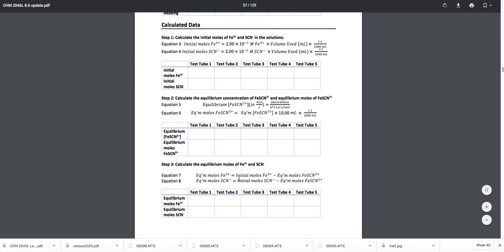And you can see that to get the equilibrium moles of Fe3+, we actually subtract out the equilibrium moles of FeSCN2+, which we get by doing the same thing as we did up here. And you'll do the same thing for moles of Fe3+ and moles of SCN- at equilibrium.